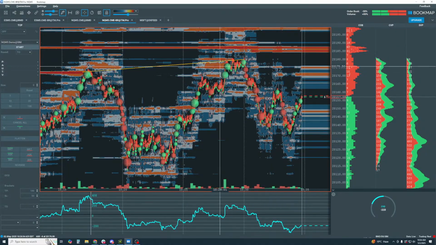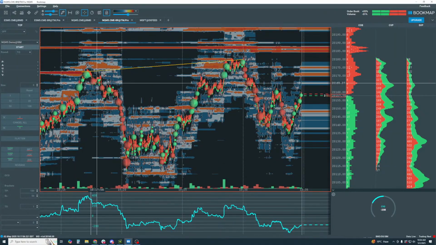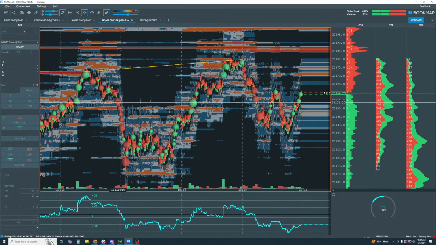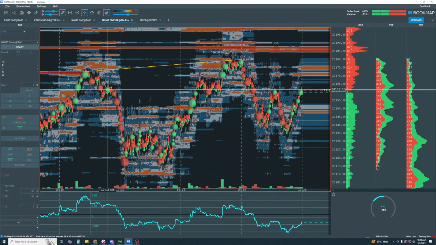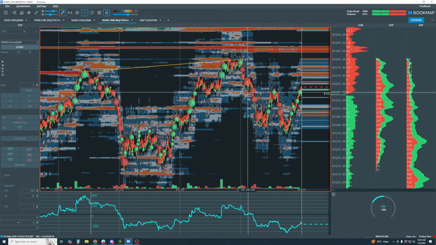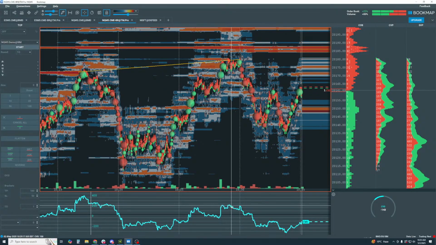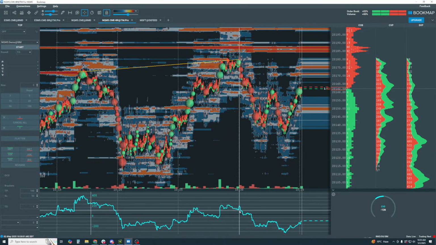It just means that all of this in here, adding together a negative number for a red dot in the volume and a positive number for the green dot, there's more selling in this area than there is buying. That's all it means, and that's why you see the divergence here. This is a very simple indicator in that regard.